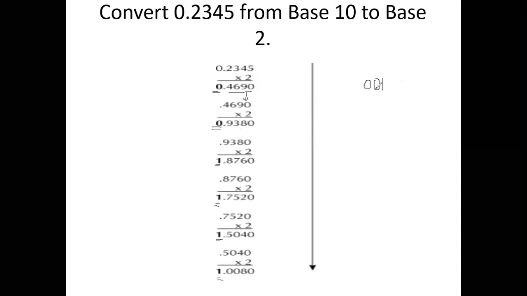Then this one. Then this one. So I'm reading the numbers from the top going downwards like that. I've recorded this, and because we are dealing with fractions, I'll put the fraction point here. So this is how we convert from base 10 to base 2. So this is a fraction expressed in base 2.